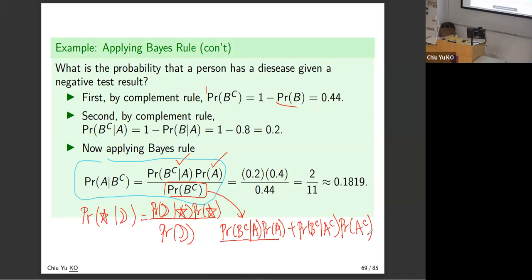So these are the two cases. As you can see, originally the probability was 0.4 that the guy has disease. If you got a positive result, it becomes 0.7, and if you have a negative result, it becomes 0.2.